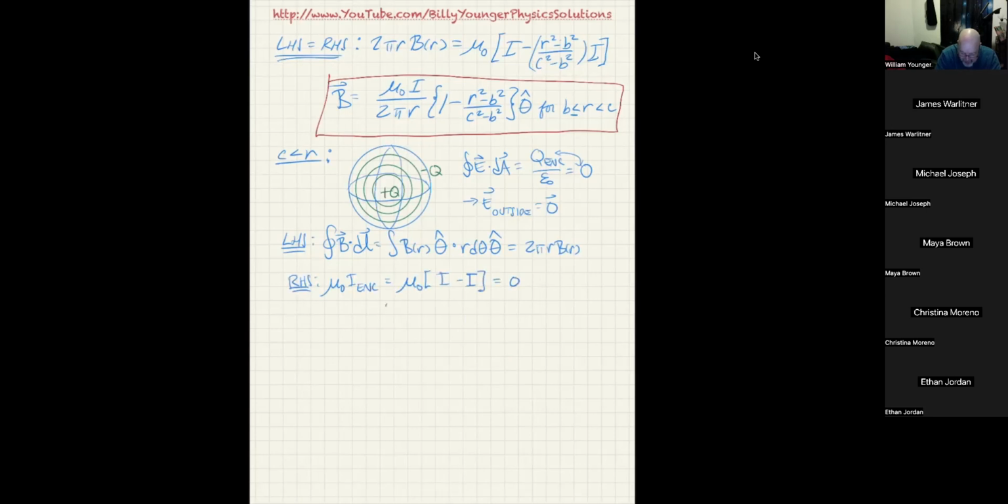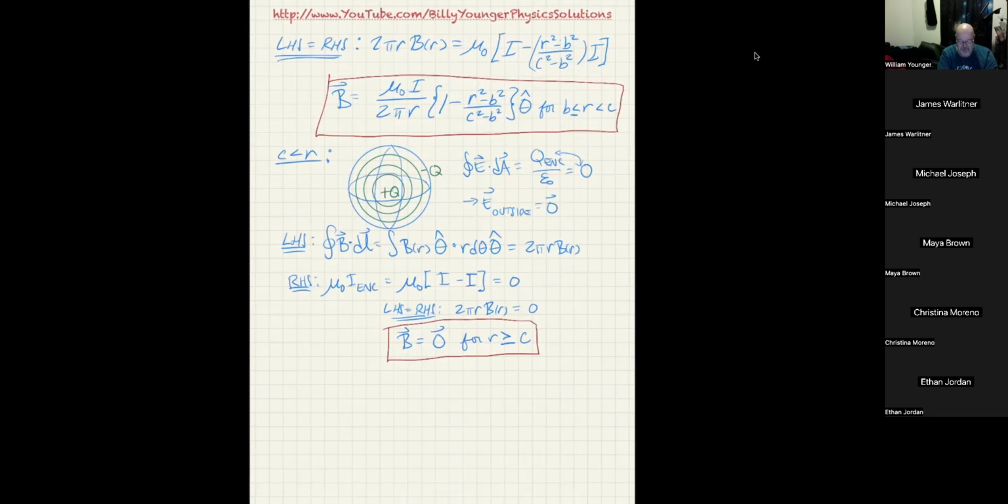So I've got left-hand side equals right-hand side gives me 2 pi R B of R is equal to 0. So B equals 0 for R greater than or equal to C. And that's it. We've completed the world's scariest Ampere's law problem.